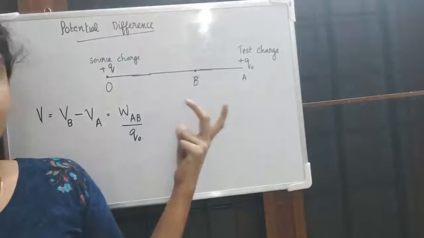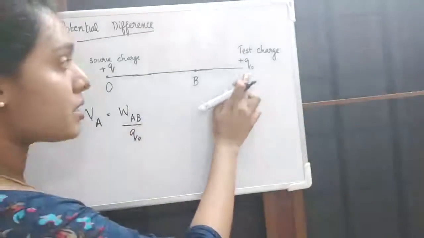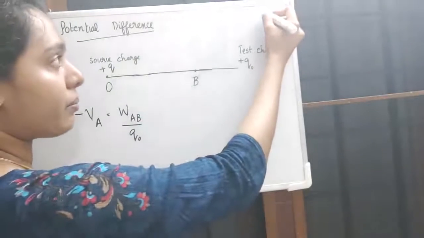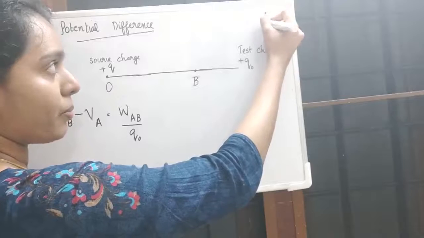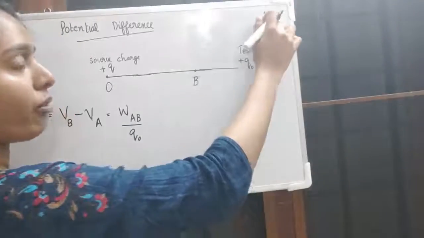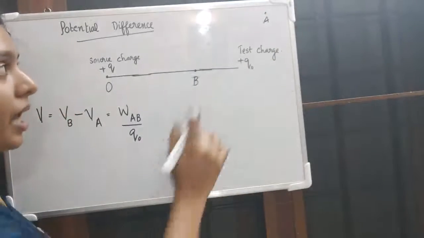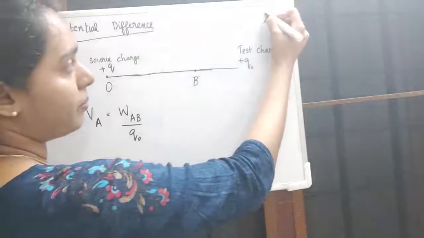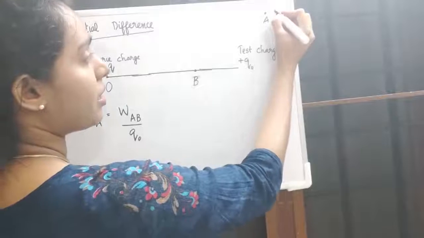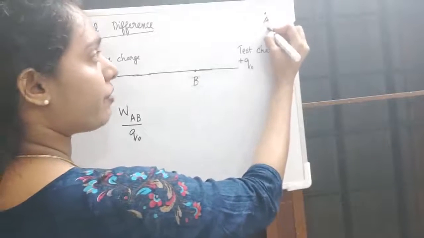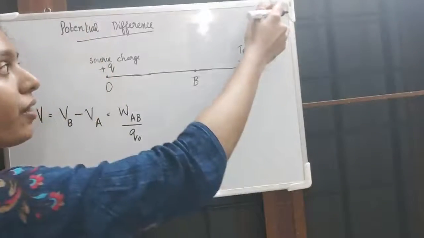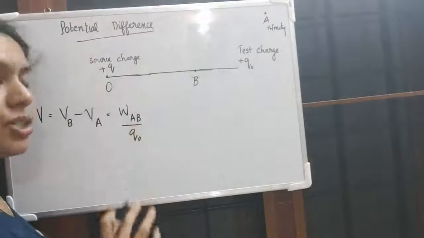But consider the case when this point A is located far away from these charges. Suppose this is the location of the point A, and we can take that this point A lies at infinity, because it is very far away from these charges.